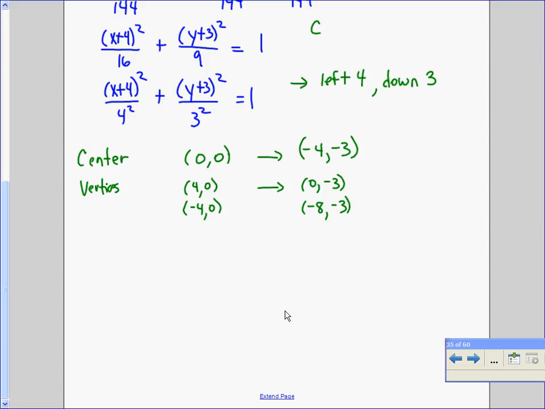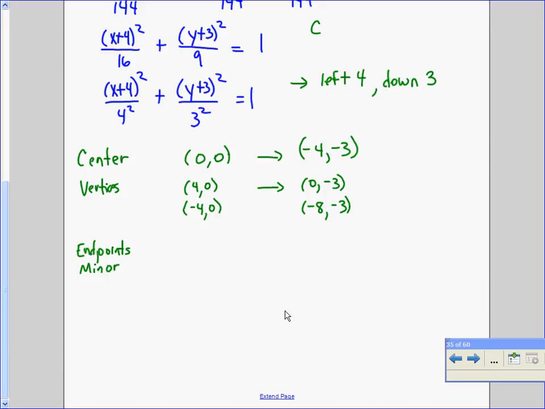And then if I wanted to label the foci, or actually let's do the endpoints of the minor axis.